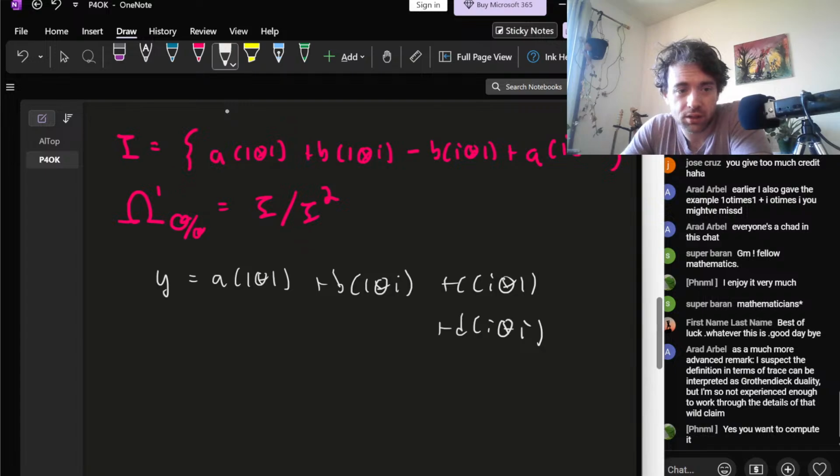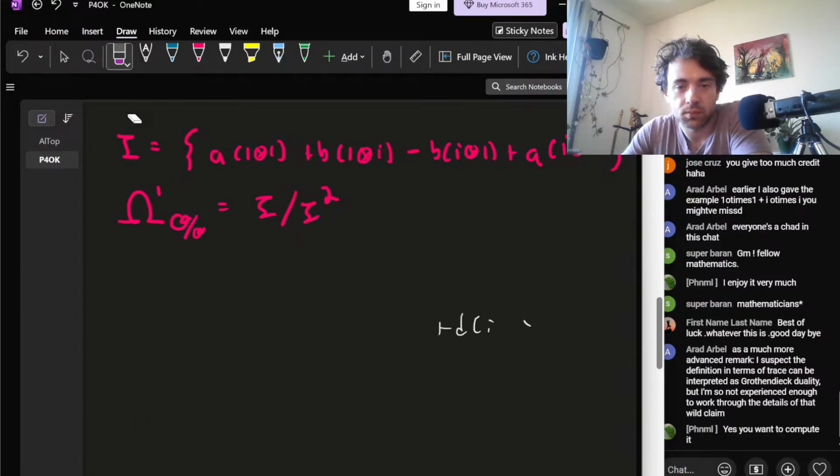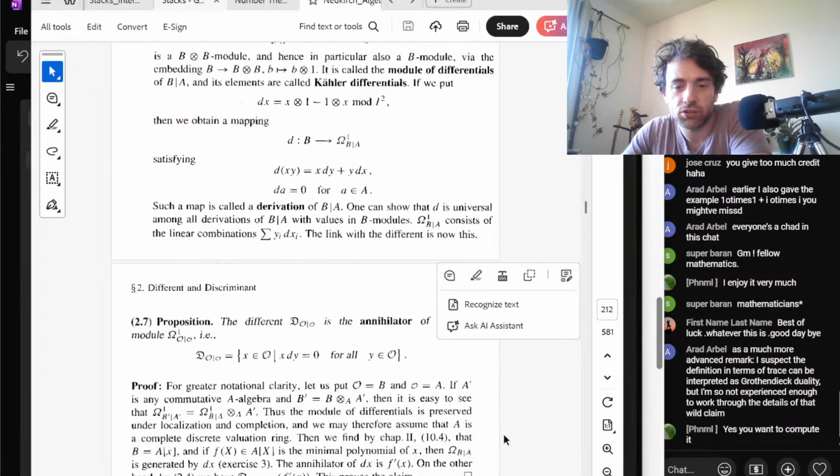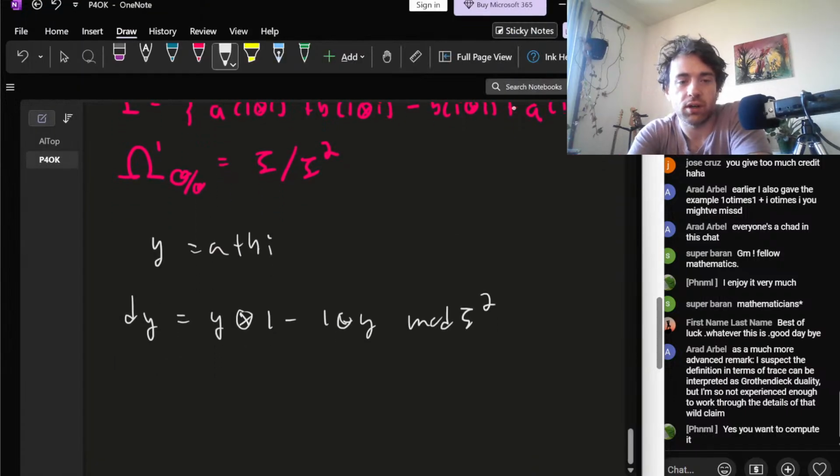Then the differential of an arbitrary y is supposed to be, oh, what am I saying? I've expanded it the wrong way, sorry. Y is a plus b i. The differential of y will be y tensor 1 minus 1 tensor y mod I squared. Did I get the directions right? Yes, y tensor 1 first.